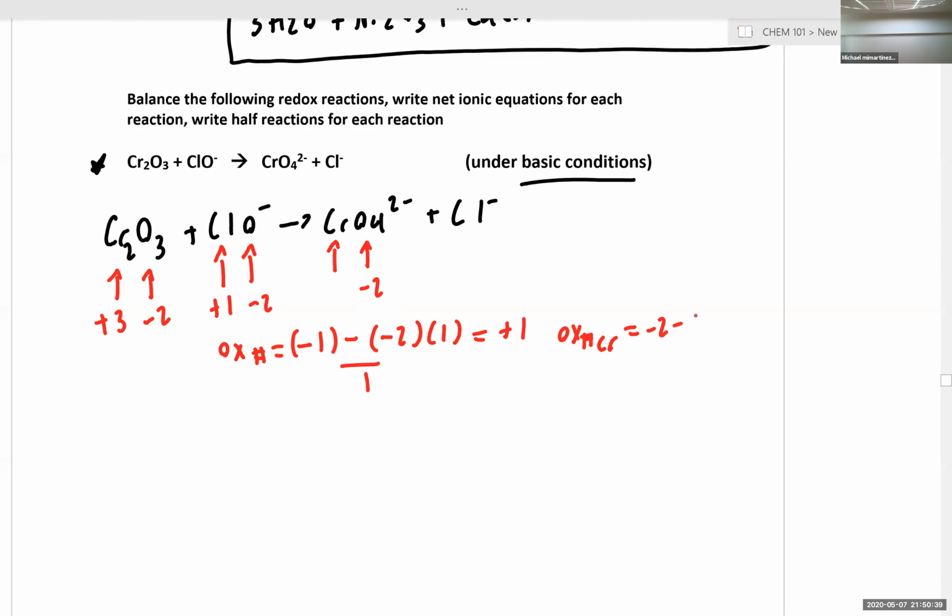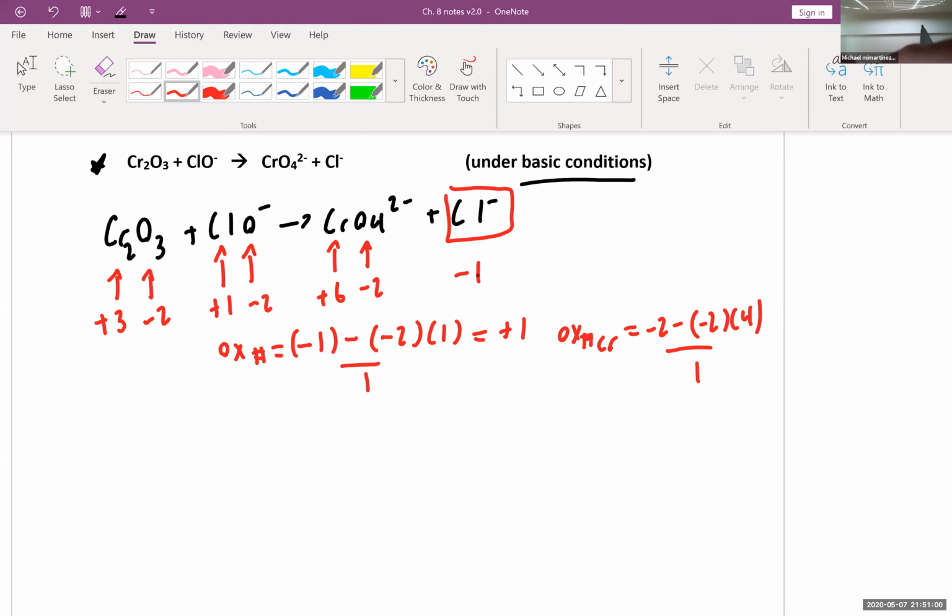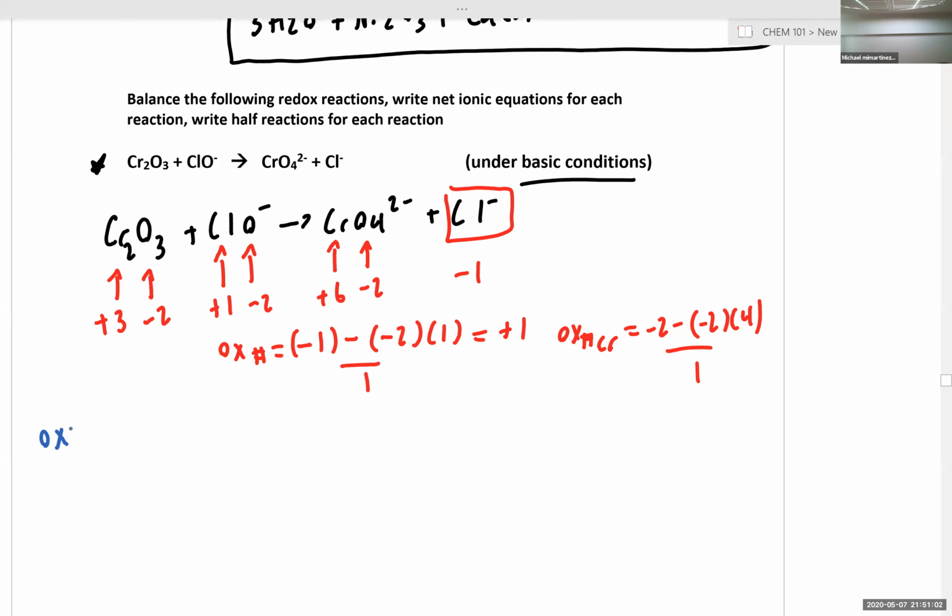We get this by taking the total charge minus the oxidation number of oxygen times the number of oxygens over the number of chromium atoms. And now for an easy one, what is the oxidation number of chloride? What's the oxidation number of chloride? -1.